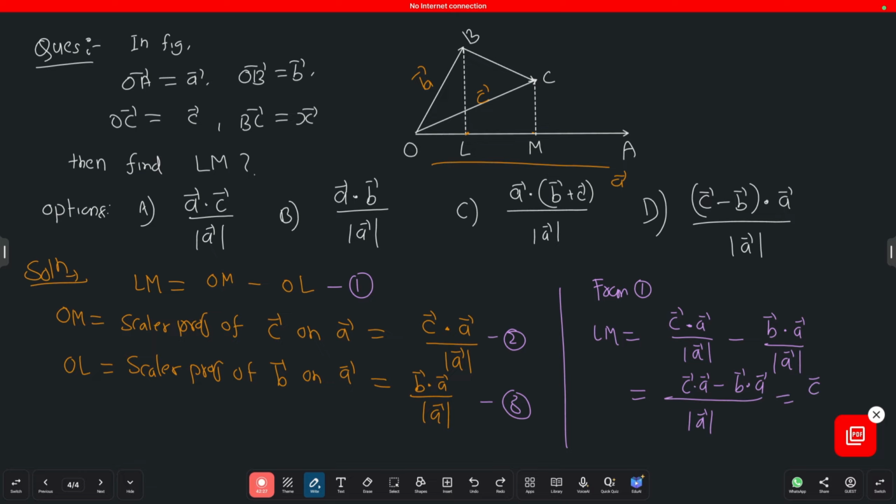Then it is C vector minus B vector, dotted with A vector, divided by mod A. Now you can see which option is correct. Option D is correct. Very good question.